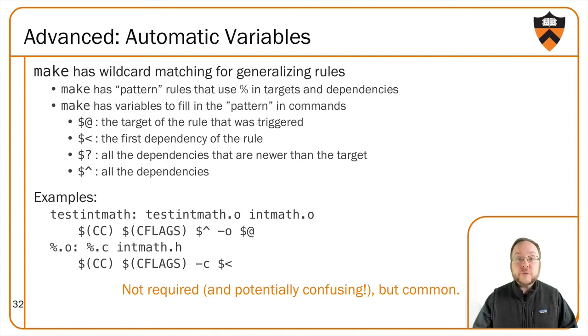If I go searching through my Makefile for testintmath.o, I'm not going to find it except as a prerequisite in my build command. Similarly, if I go looking for testintmath.c, I'm never going to find it in my Makefile. So again, possibly less readable, possibly more cryptic, but on the other hand, possibly more readable for a large program than 1,000 different .o file target definitions. So you win some, you lose some. There's definitely both pluses and minuses here.